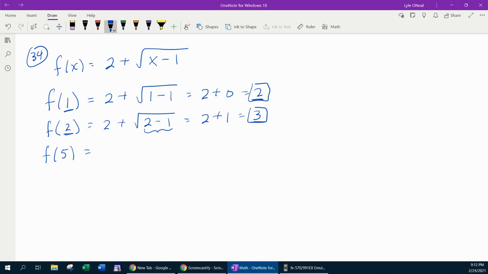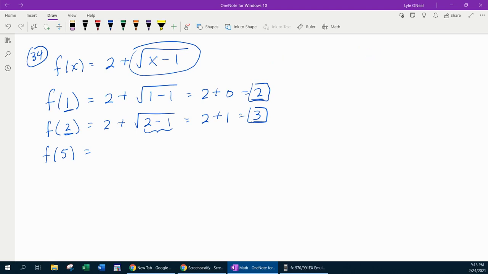Well, let me explain. Remember, we're doing square roots. And so what I would like to have is numbers that square root nicely, like 1, 4, 9, 16, 25. You get the idea? I want numbers that square root nicely.